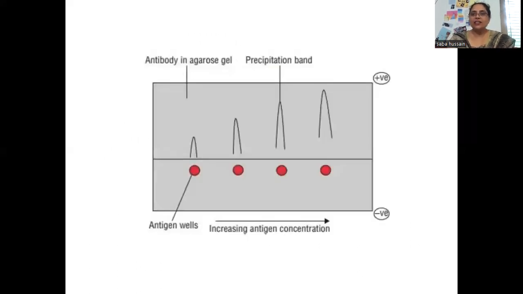If you want to see the diagram, this antibody was immobilized on this agar plate while antigens were filled in different wells, and this is the rocket or cone-shaped structure which is obtained according to the concentration and availability of antibodies. I hope I was able to make this topic clear. Thank you very much.